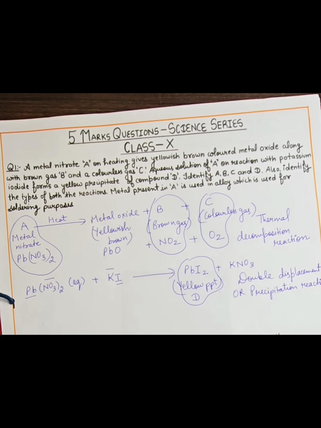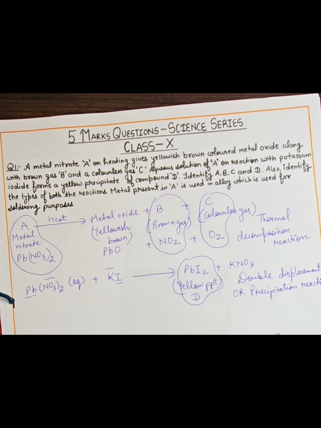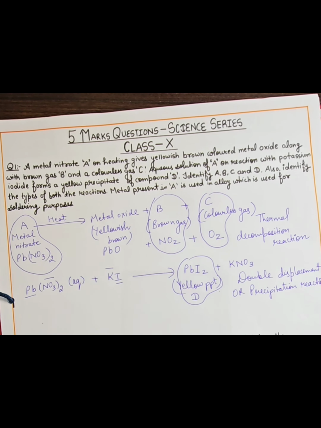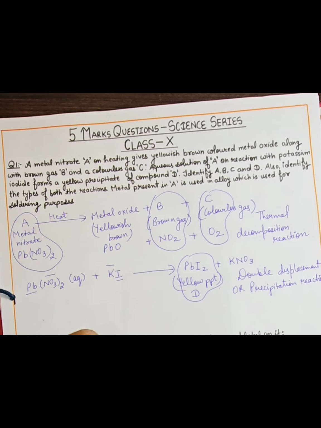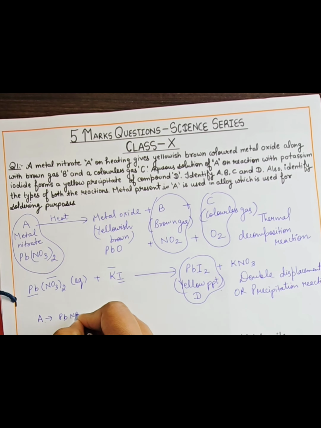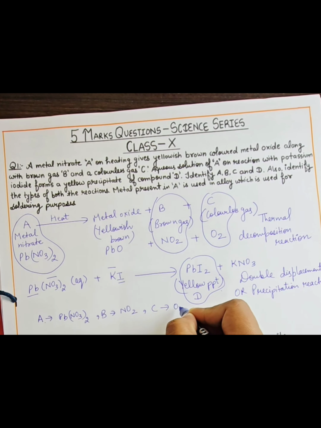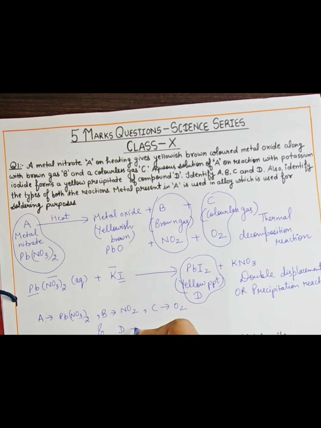So only writing this much will give you 5 marks. This is how you are supposed to write your answer. If you want to make it more clear, then by the end you can summarize that A is Pb(NO3)2, B is NO2, C is O2 and D is PbI2.